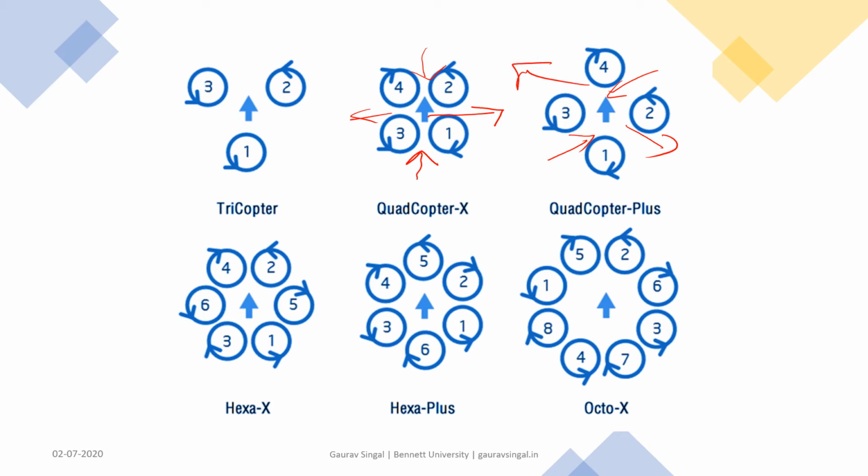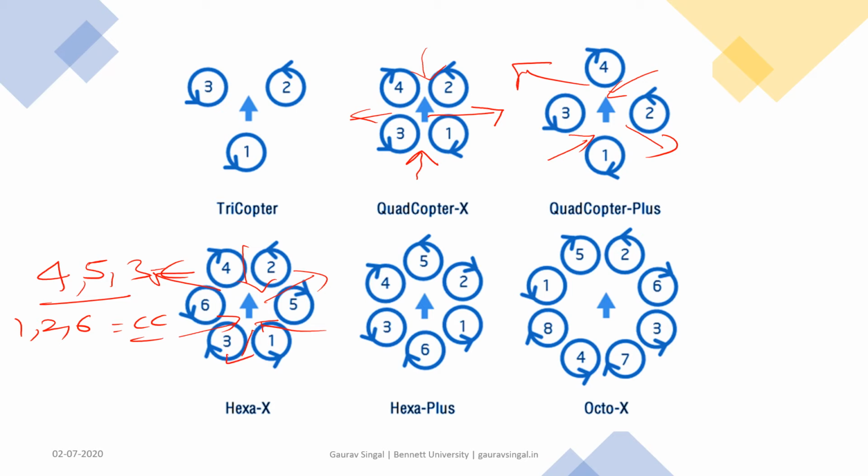Clear? Similarly, in Hexa X, you can see motors number 4, 5 and 3 are moving clockwise, whereas 1, 2 and 6 are moving counterclockwise. Again, you can see air goes in this side, this side, and these are for exit.